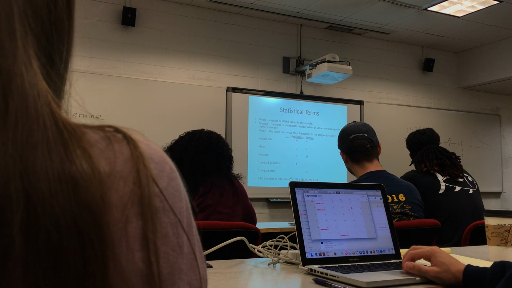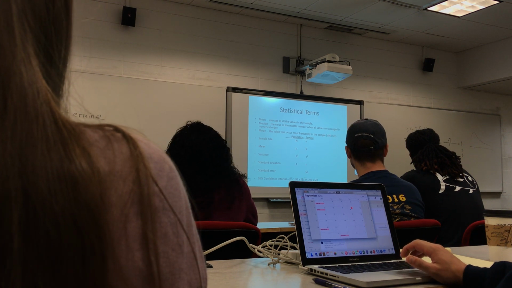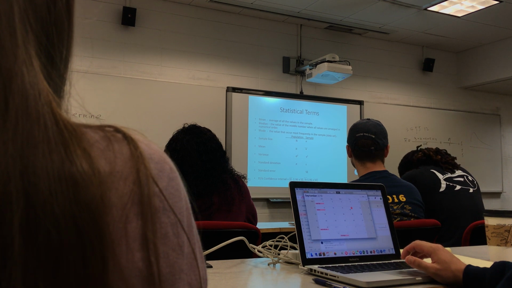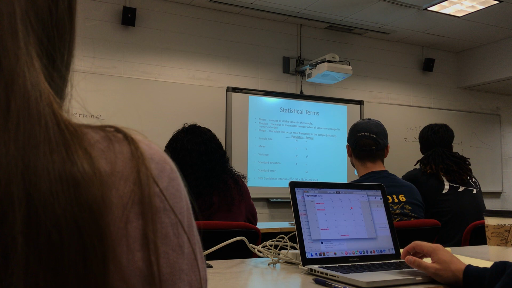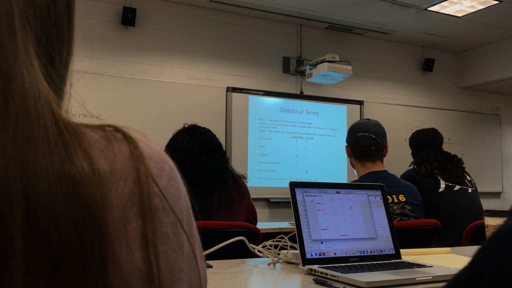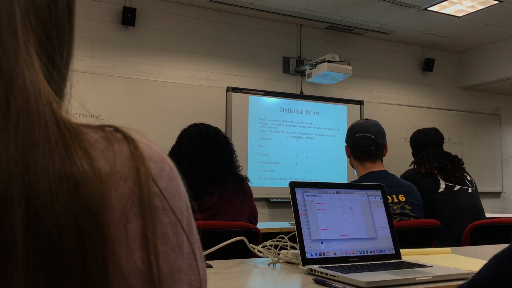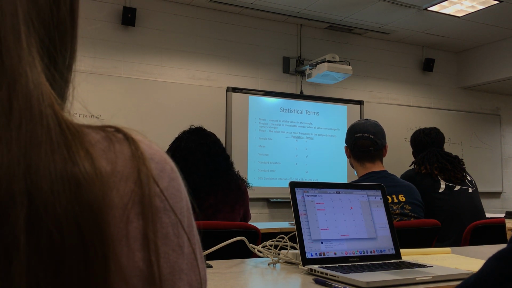For example, here we say, okay, what is the average household income here? Maybe we have similar numbers, right? But if Bill Gates walks into this room, our average income will increase dramatically, right?